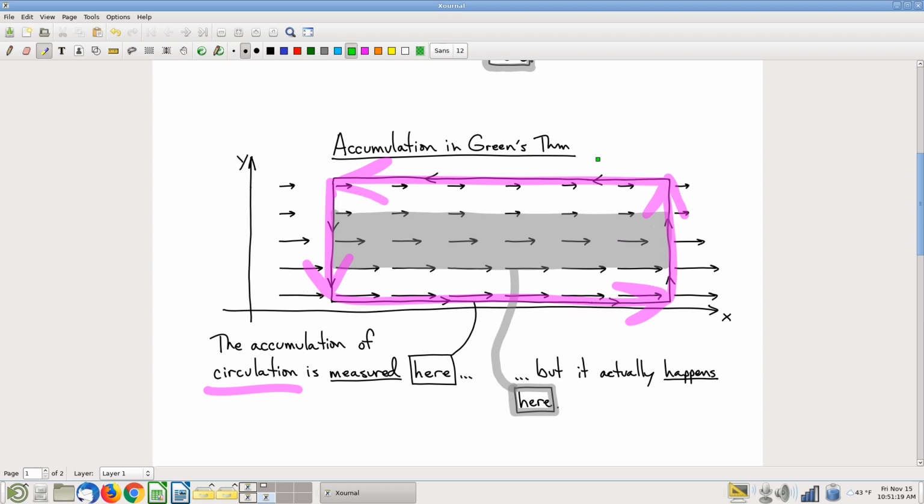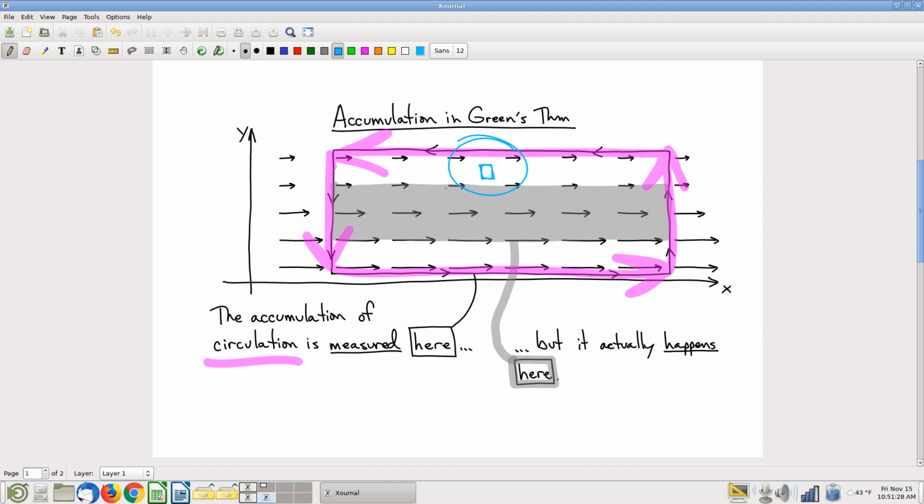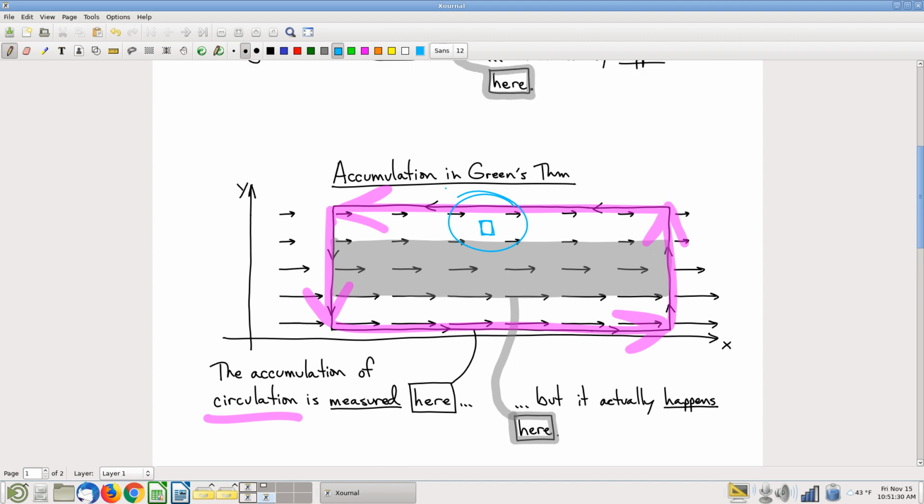Again, you can draw little pictures. I'm not going to do the whole thing again, but you could draw little pictures like this. Play the game on that little picture. How much circulation is actually happening on that picture? None. How much circulation is happening around that little region? None. Green's operator is going to be 0 all the way along in here. Green's operator is going to be 0 all the way along in there.